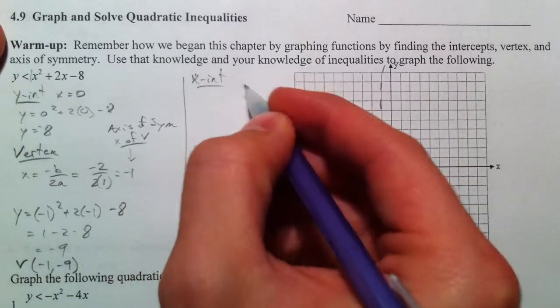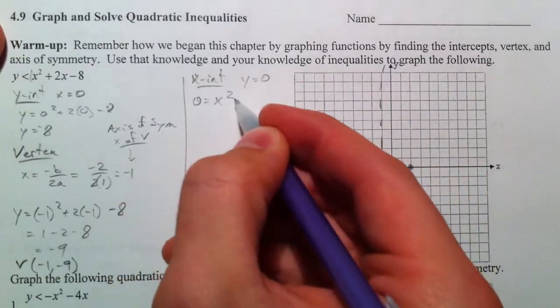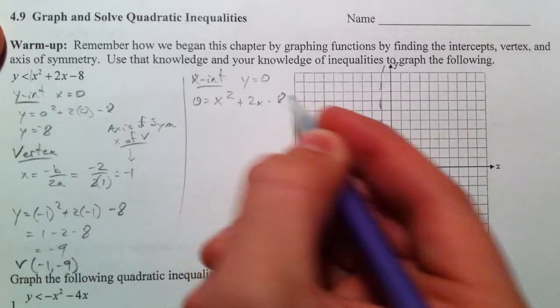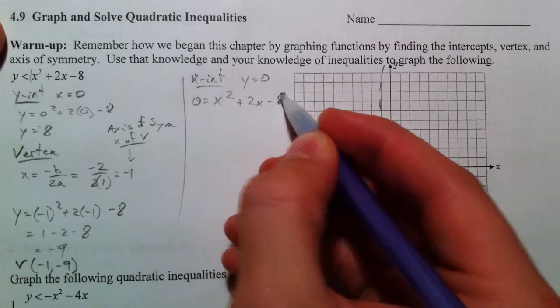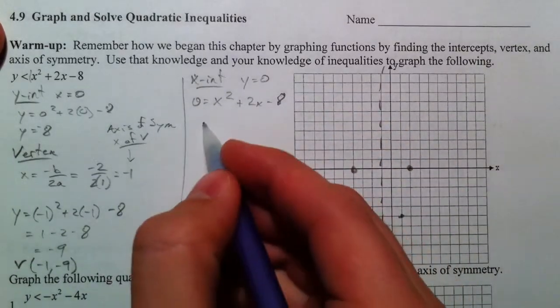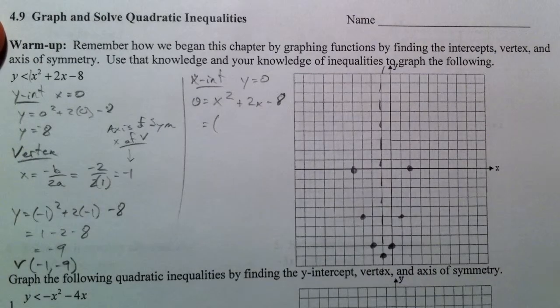Or you could say that's when the y value equals 0. So 0 equals x squared plus 2x minus 8. And how you solve this is either by factoring, completing the square, or the quadratic formula. Those are the three methods that we talked about.